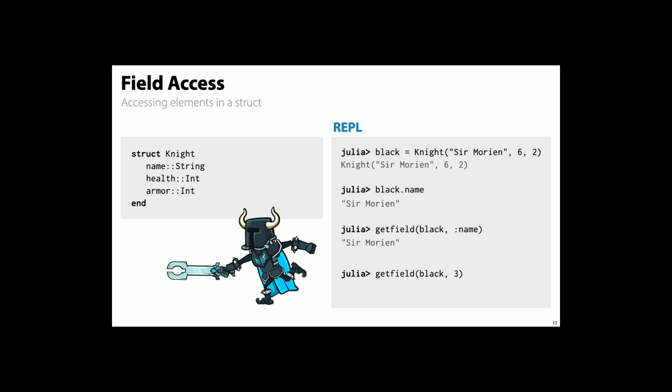In fact, you could even use an integer and say, I want the third field, which is the armor one. So you could be getting the name of the field from the user at runtime, or from the network, or from a file or wherever, and call this. So this is all determined at runtime. It's not a statically typed thing. It's not a compilation time thing.